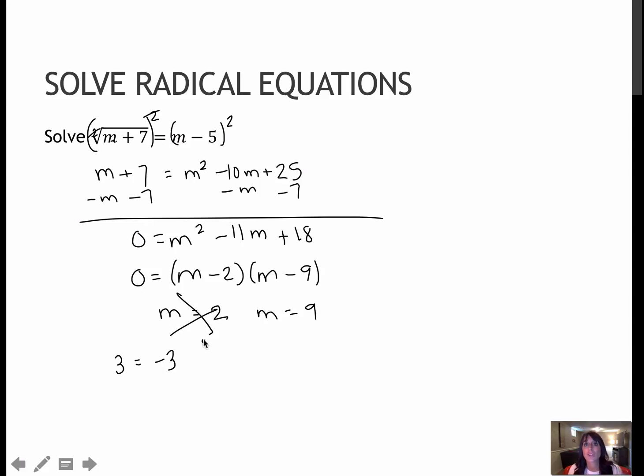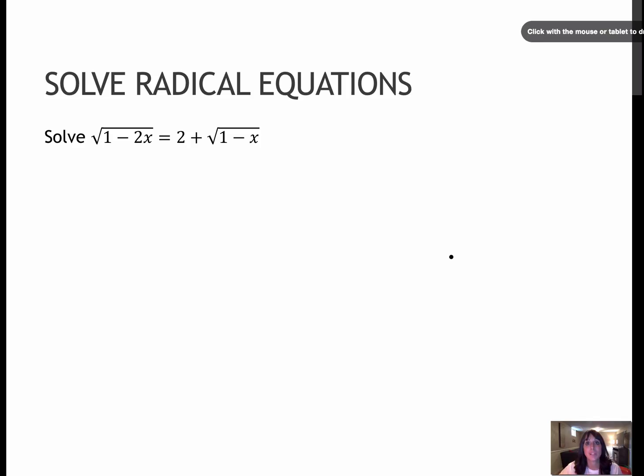So it's called an extraneous solution because when I plugged it back in, it did not work. Plugging in 9 gives me 9 plus 7, which is 16, and the square root of 16 is 4. On the other side, 9 minus 5 is 4, and 4 does equal 4, so this is my only solution. So 2 is not a solution because it's an extraneous solution; when I plug it back in, it does not work.